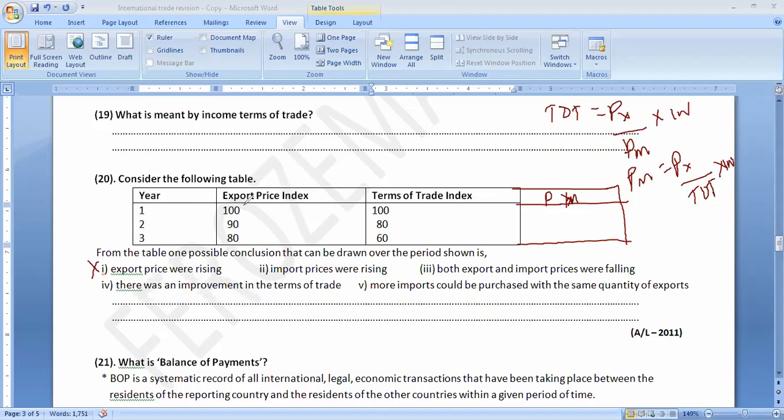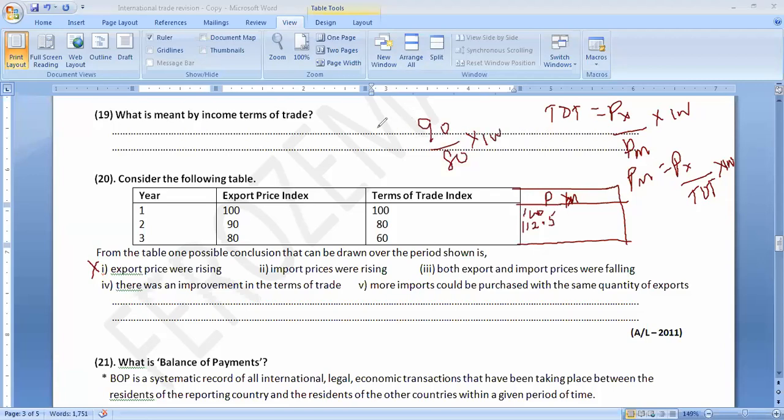Then first year export price 100, TOT 100, therefore import price also 100, because 100 over 100 into 100. Then answer is 100, no. Second year, 90 over 80 into 100. So your answer will be 112.5.